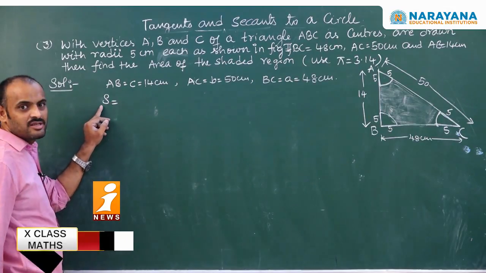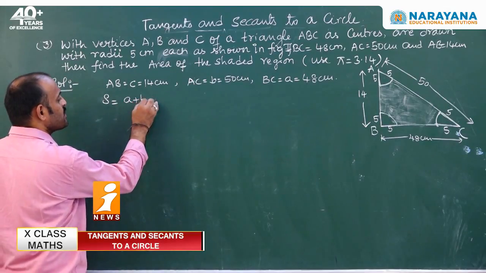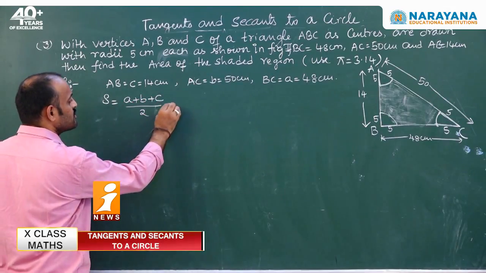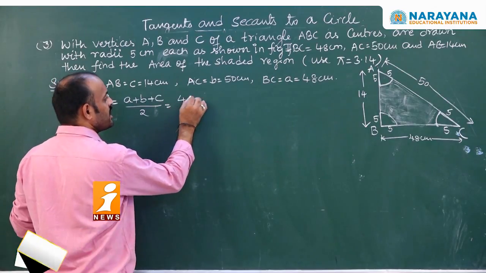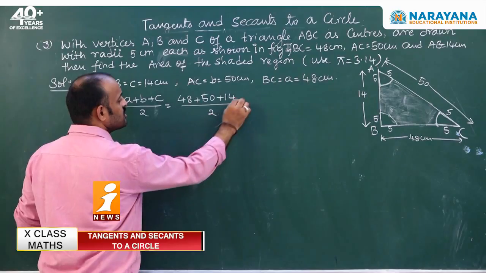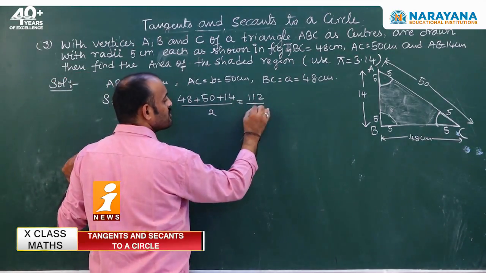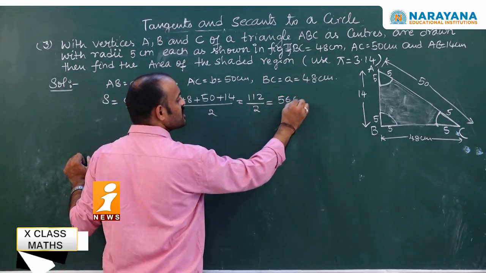Semi perimeter is denoted as S, which is (a plus b plus c) by 2. So a is 48, b is 50, c is 14, by 2. 50 plus 14 is 64, 64 plus 48 is 112, 112 by 2 is 56 centimeters.